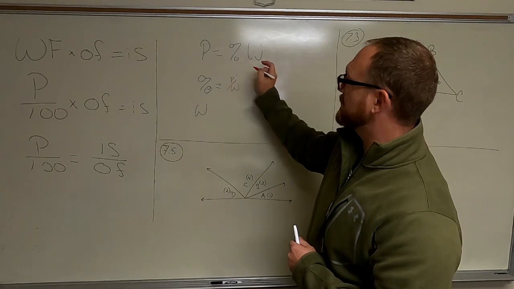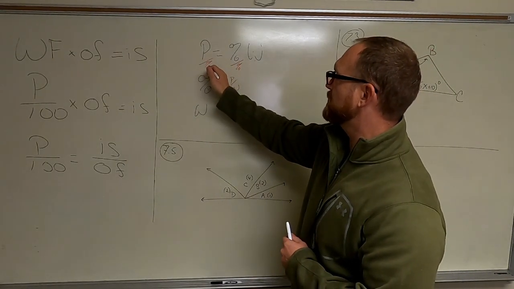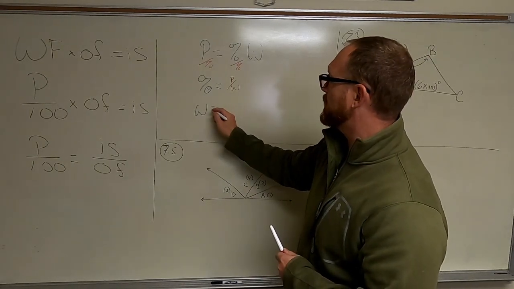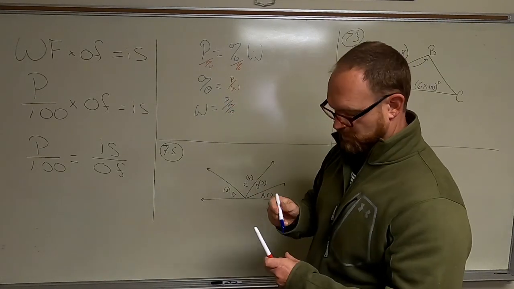I would get W by itself, divide by percent on this side, divide by percent on this side. So my W is going to equal part divided by the percent.